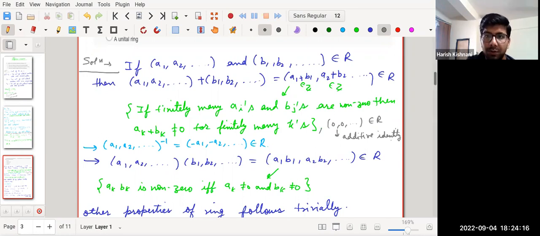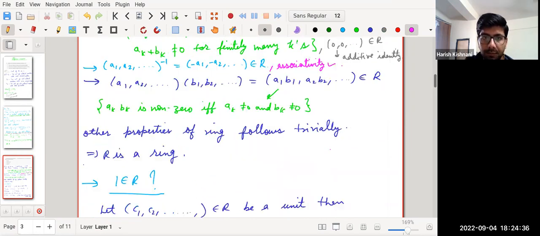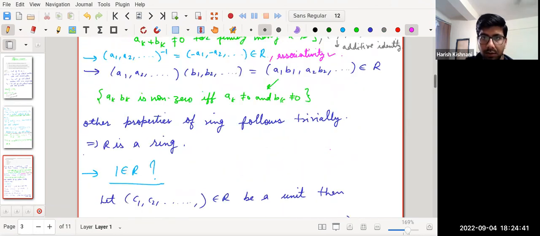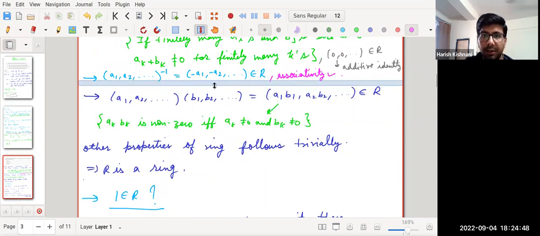Okay, so you have closure, you have additive identity, you have inverse, and associativity also follows trivially, that you can check on your own. That it's a group, and apart from associativity, you also have the commutativity.